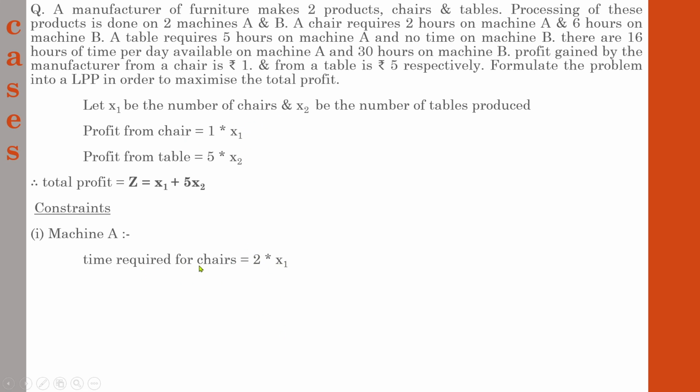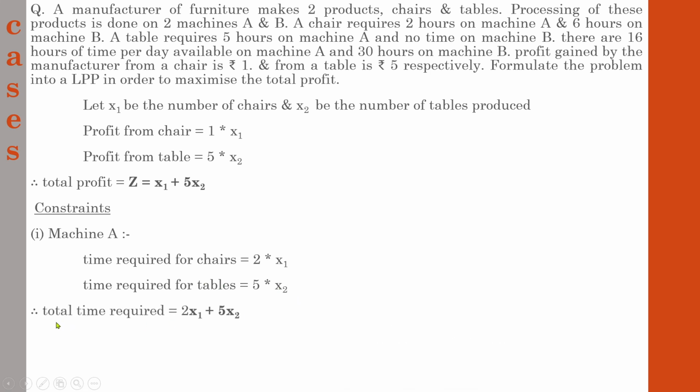So time required for chairs is 2 into x1. Time required for tables in machine A. A chair requires 2 hours on machine A and 6 hours on machine B. A table requires 5 hours on machine A. So 5 hours into tables. So time required by chairs and time required by tables is written.